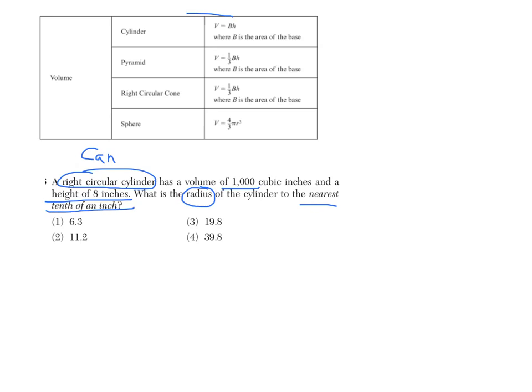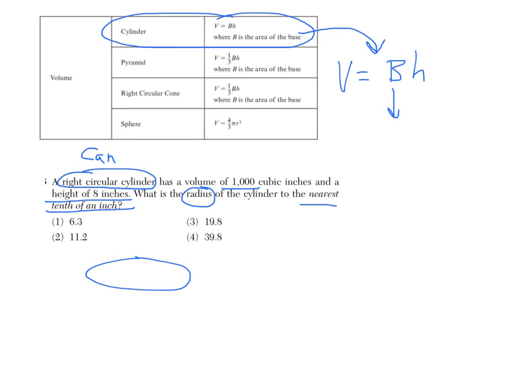One thing we can lean on, though, is our formula for the volume of a cylinder. The volume is the area of the base times the height. A cylinder is a can, and a can has a base that is a circle.